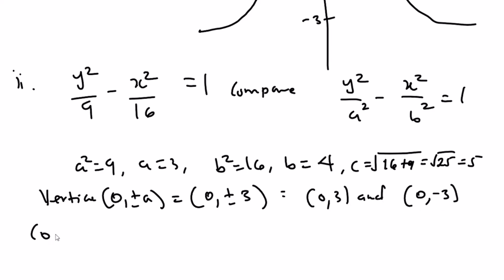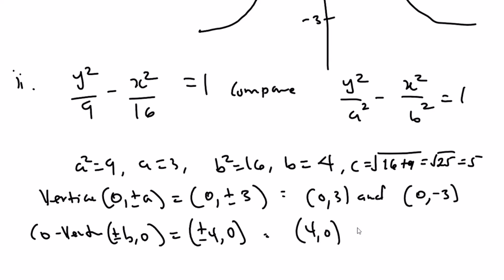Alright, the co-vertex, in this case, falls on the x-axis. We're going to get plus or minus b, 0, which is 4, 0, and negative 4, 0.